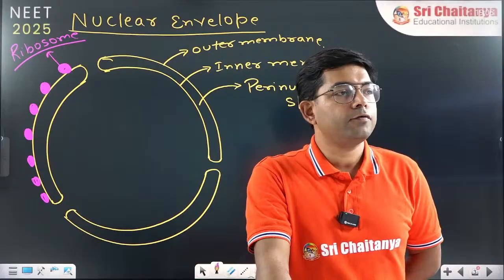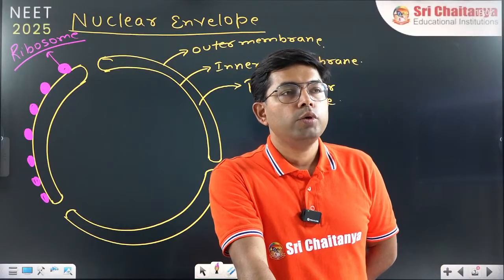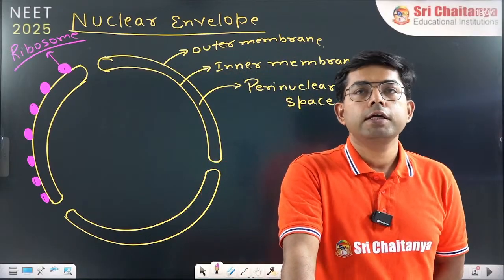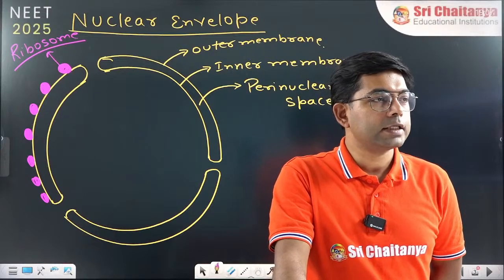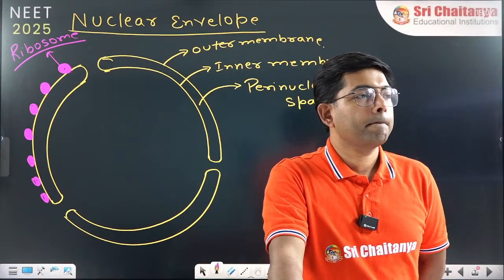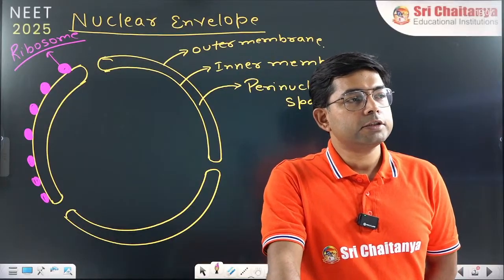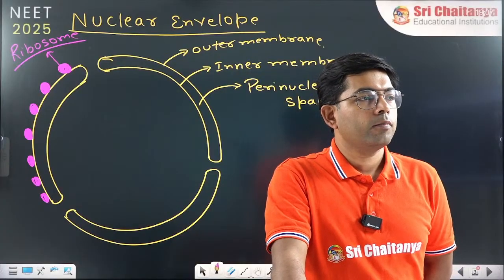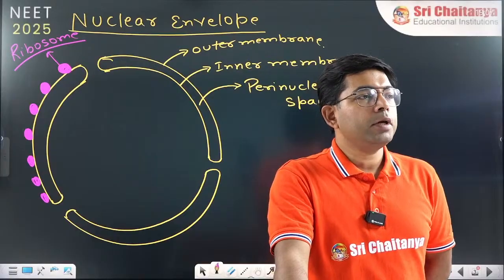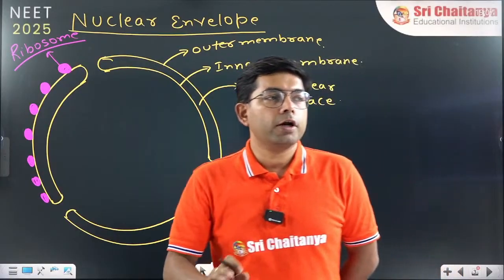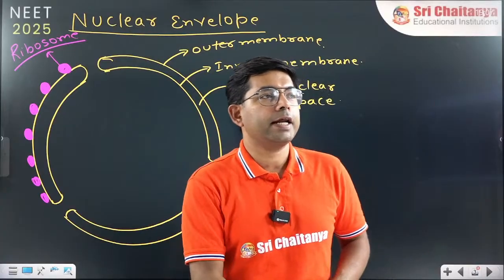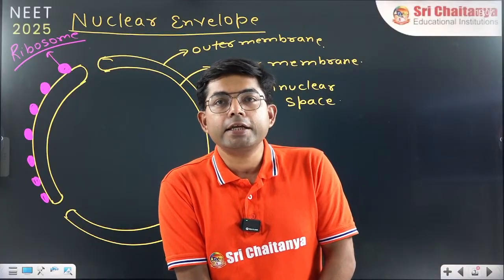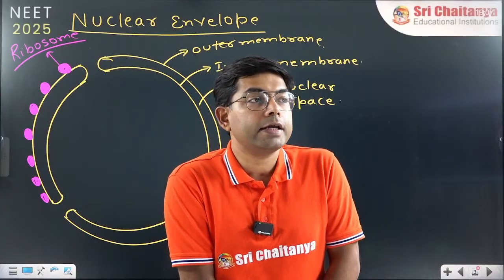Let me see who answers first. All those who are here, just write the answer, no other thing in the chat box. The outer membrane is continuous with which cell organelle? Yes, Ritika has given the first correct answer. It is continuous with the endoplasmic reticulum.